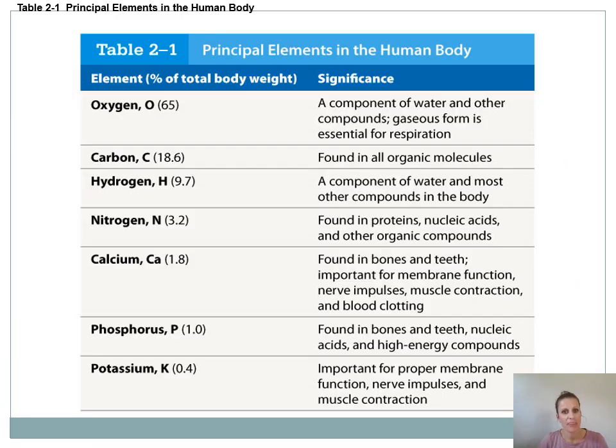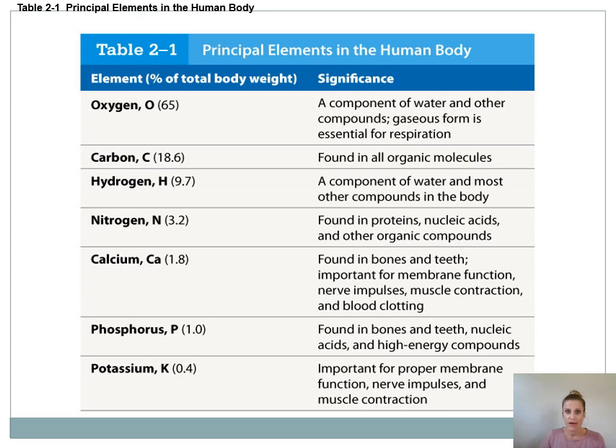These are the main elements that exist in the human body. You see the element listed, and then its symbol next to it. So oxygen is an O, carbon C, hydrogen H, etc. And then the number tells you what percent of the human body is made of that element.